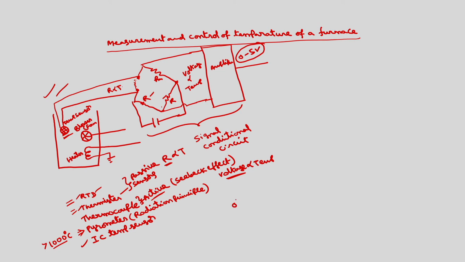For example, 0 degrees, or room temperature, corresponds to 0 volts. Suppose I want to measure up to 100 degrees centigrade, 100 degrees corresponds to 5 volts, and the corresponding digital values will be 00H, FFH. This is how the mapping takes place. This is temperature, this is analog value, and this is the corresponding digital value if it is unipolar.